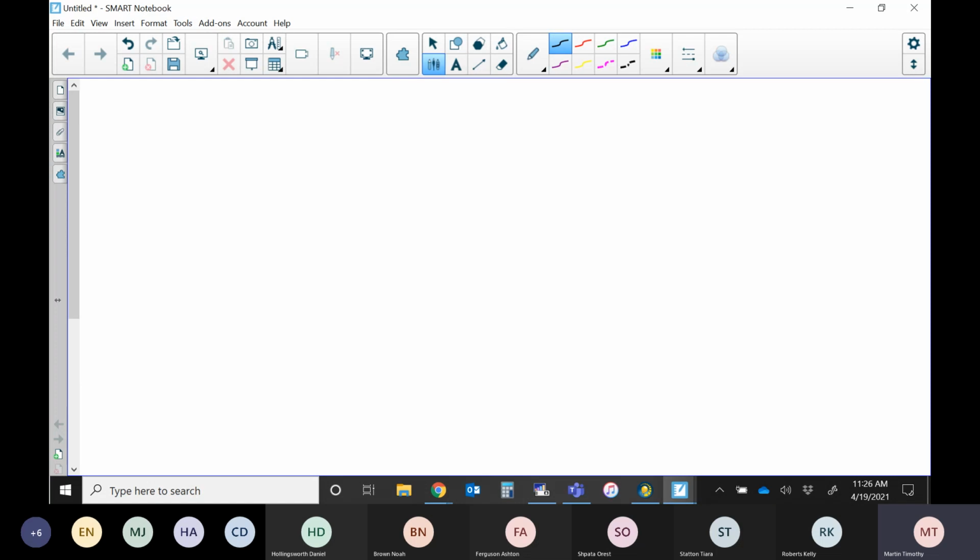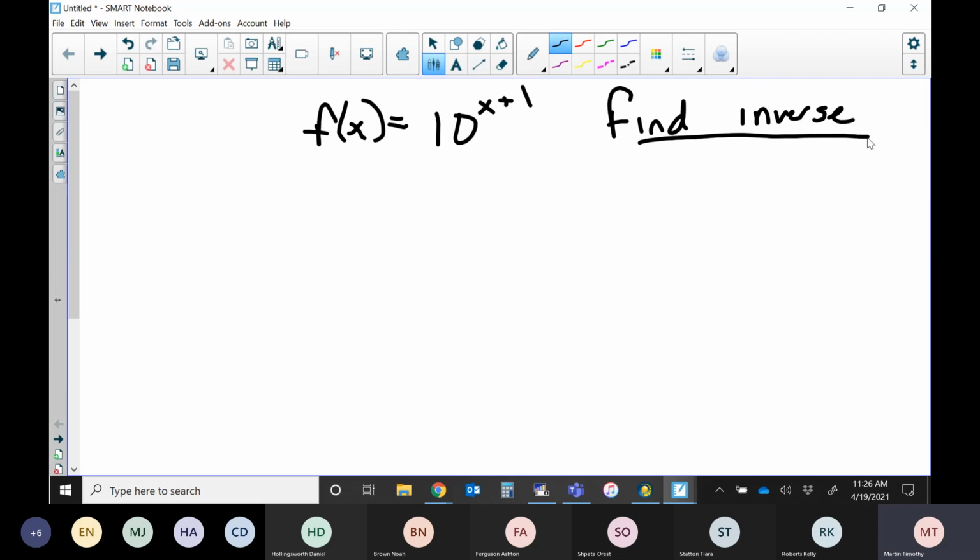All right, next thing I need you to try is if I give you this, and I ask you to find the inverse. What does it mean to find the inverse?